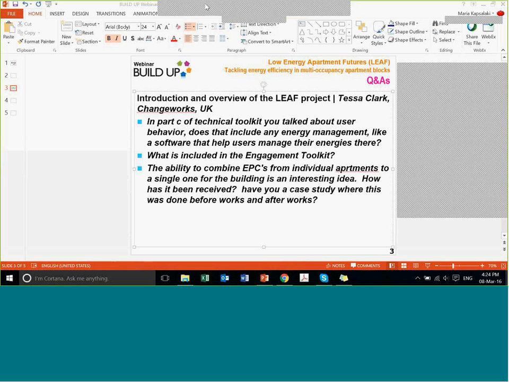So yes, we did trial the EPC tool out on the UK example where works were carried out, and that does show the differences. However, we would like this tool to be integrated into official EPC software. At the moment, it's not an official EPC that is the result of this tool.